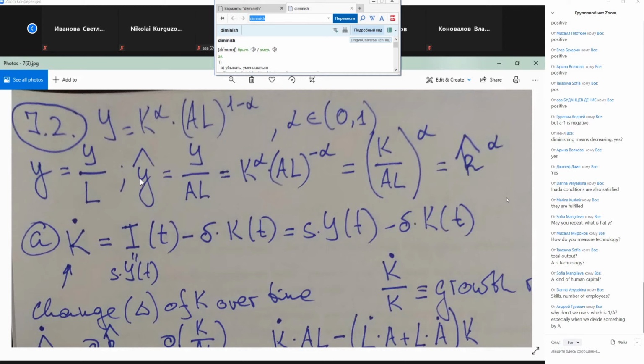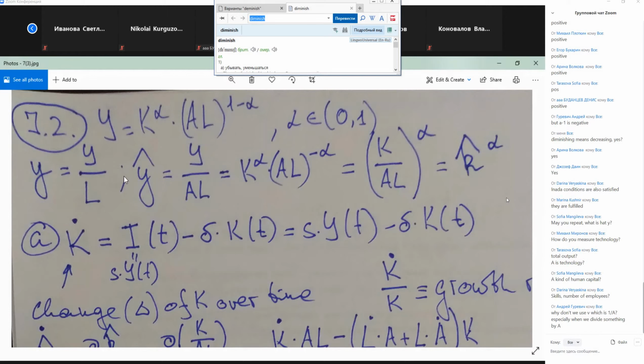That's why we have the hat on top, because we divided not only by L but also by A. For example, it's the output per one worker endowed with one year of education, if we take technology as education. And this is just a definition.